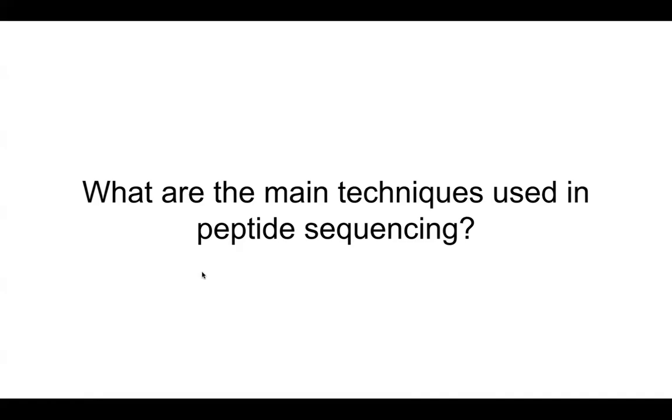And then there's also mass spectrometry, which is now the more widely used, considered more modern technique, where peptides are fragmented and the resulting ionized pieces are analyzed so that we can infer or try to detect the amino acid sequence.